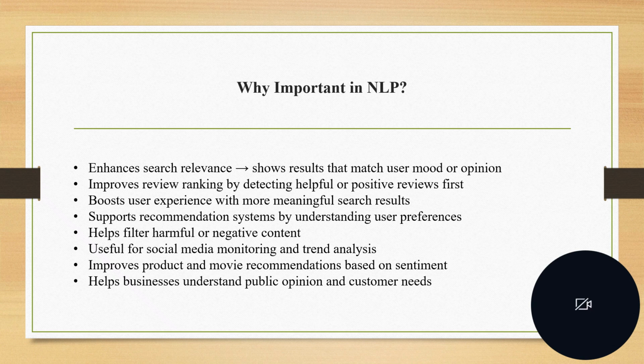Sentiment and emotion analysis are extremely important in NLP because they transform raw text into useful emotional intelligence. This helps companies personalize recommendations, improve user satisfaction, detect harmful or abusive content, and understand customer pain points instantly.